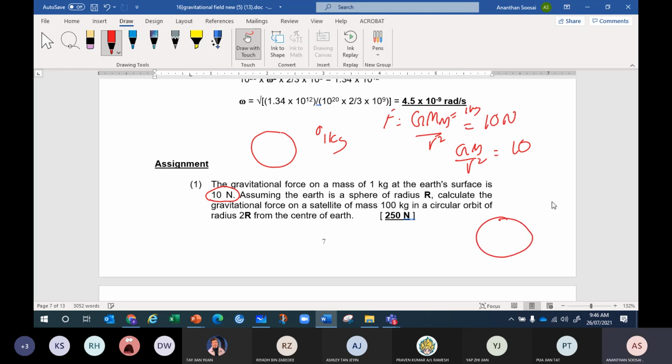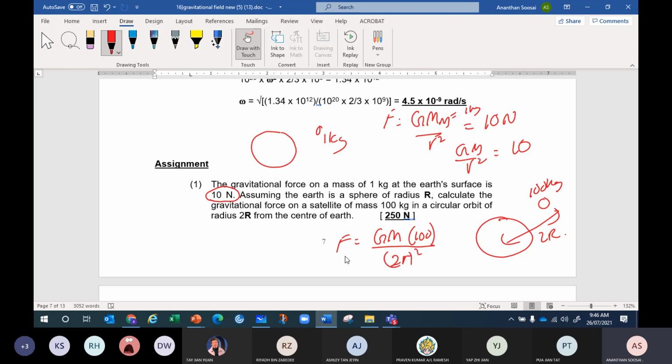Same Earth, but the mass of the satellite now is 100 kilograms, at 2R. So what is the force? GM times 100 over 2R squared. Just substitution.